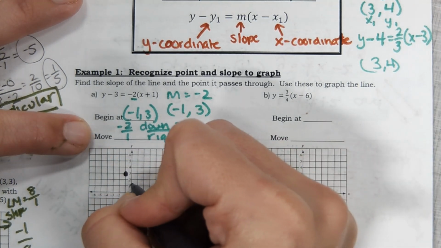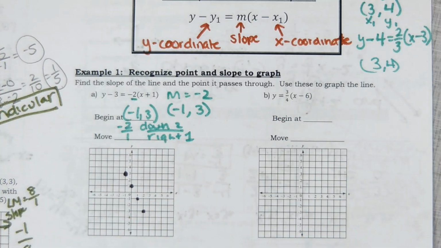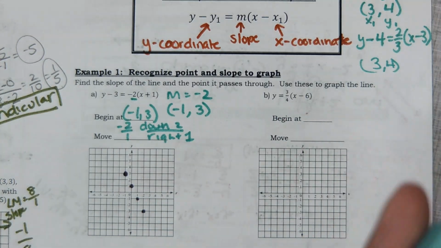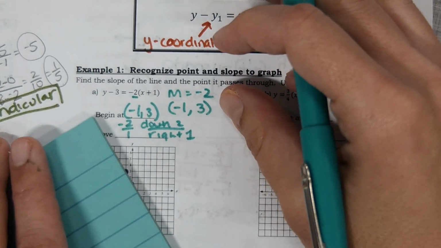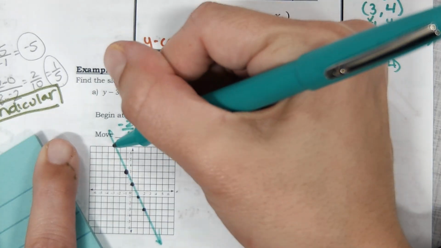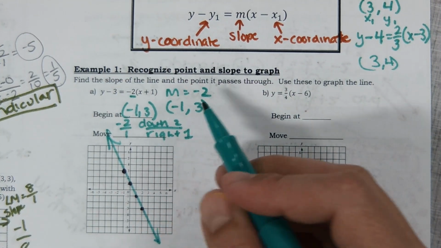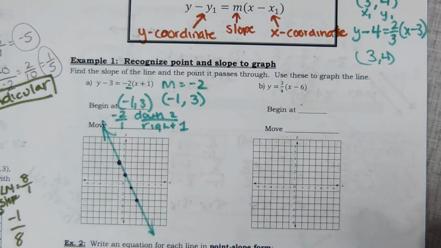So down 2 over 1, down 2 over 1. We can continue. And once you have a few points, you can graph the line. You can use your ID, or in my case, post-it notes to get a straight line. And there is our line. So our line has a negative slope, which makes sense because we had a negative slope there.